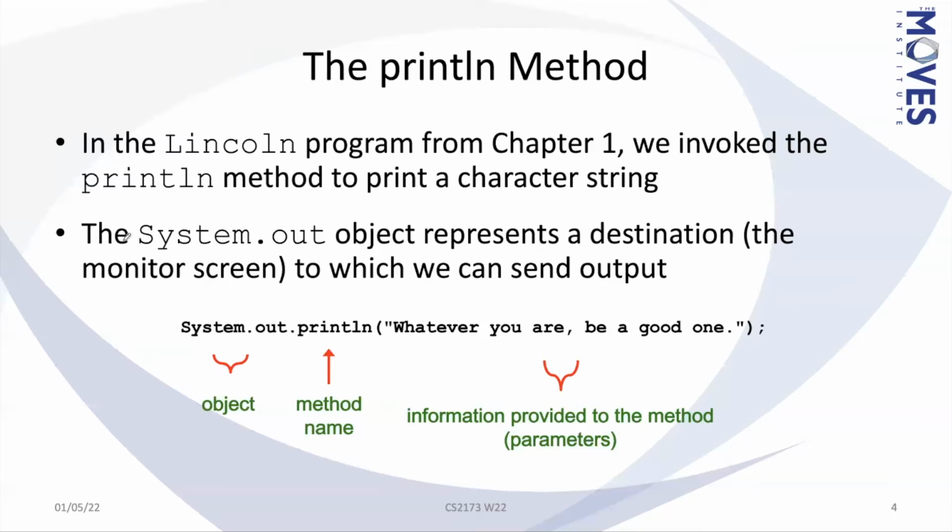Just say instance methods. Println is an instance method of the object whose variable is called System.out. So System.out is one object, and this invokes the println method which is defined on this System.out object. In this particular version, it takes a string, and it simply prints that to the console.